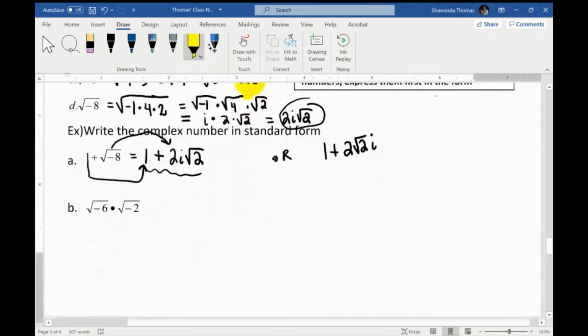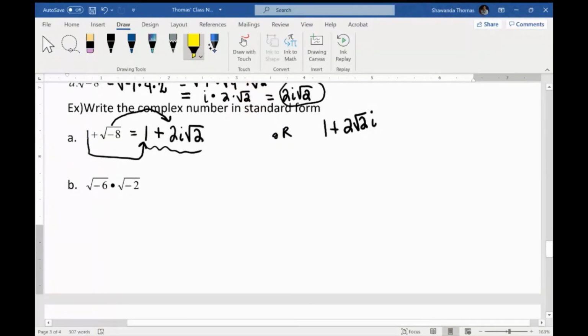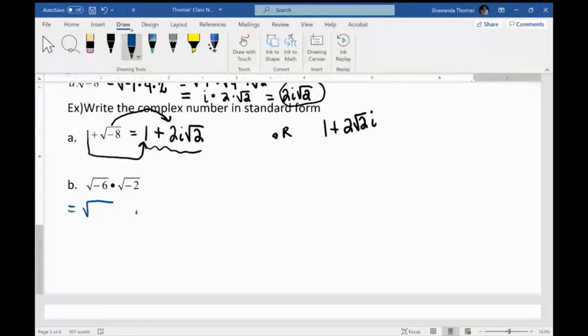So let's practice. We have the square root of -6 times the square root of -2. Let's break down the square root of -6. How do we break it up? -1 times 6. And the square root of -2 is the same thing as -1 times 2.